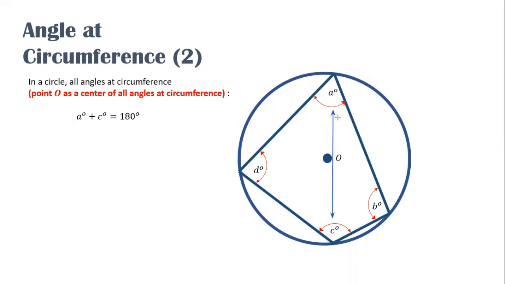A degrees is opposite to C degrees, right? Next, B degrees plus D degrees equals 180 degrees. D degrees is opposite to B degrees.